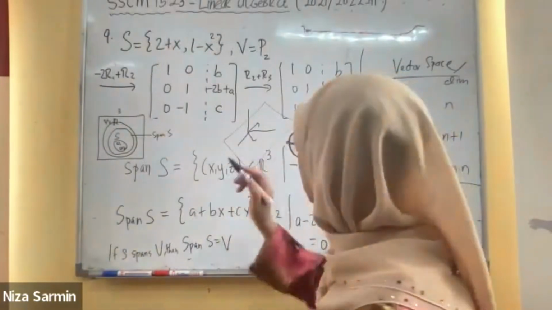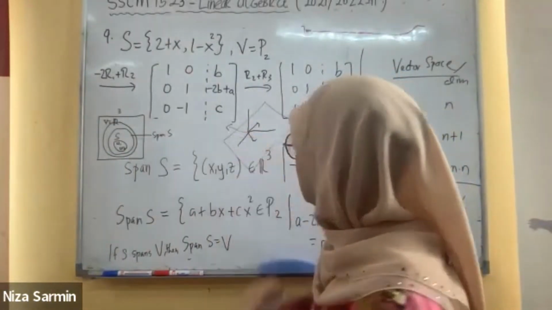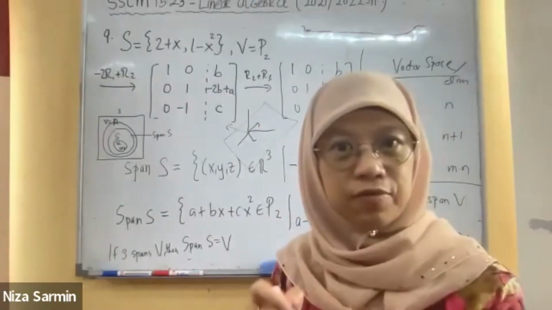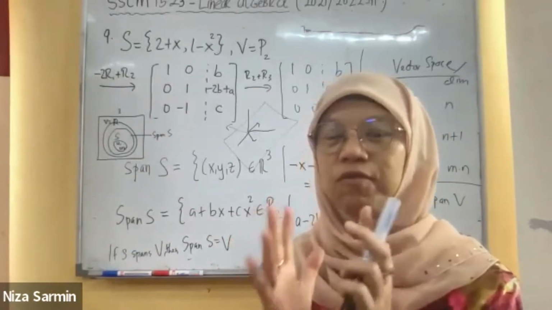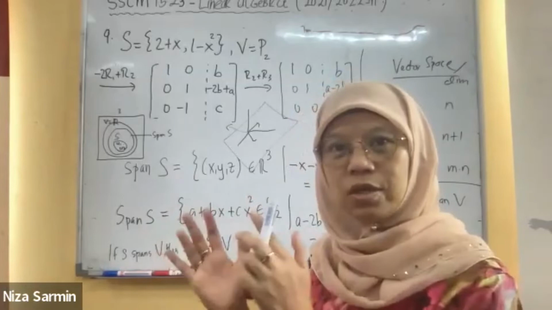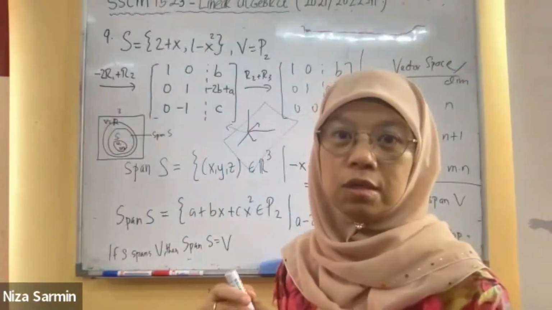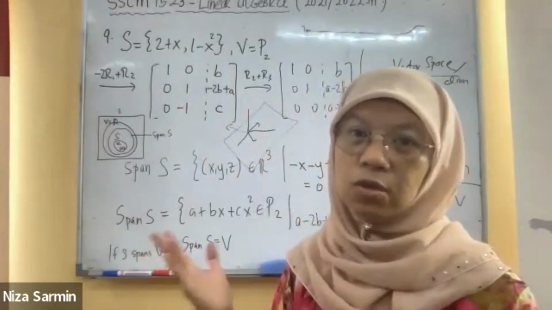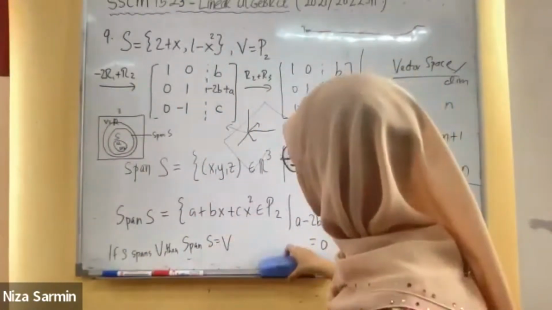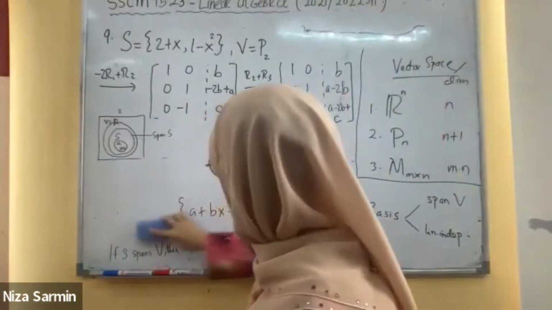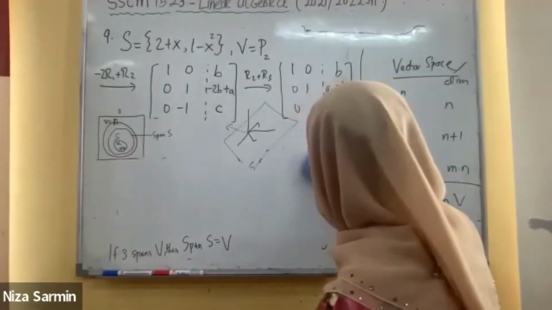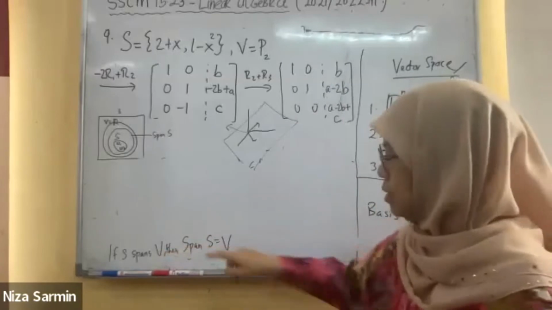If you have 3 vectors in which the angle is different, or the determinant of these 3 vectors, if you count, is not 0, meaning if you solve this, you will get it to be consistent or unique, then you will get this.